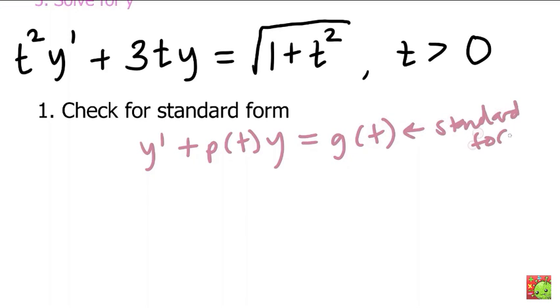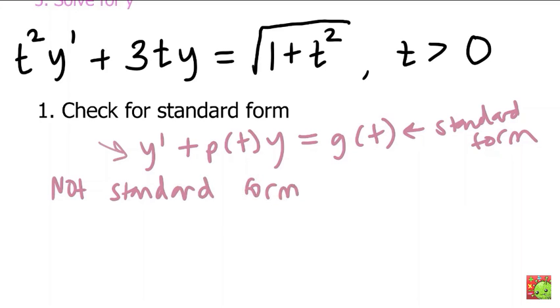We have to see if this whole thing is in this form, and we can clearly see that this right here is not in standard form. So we have to put it in standard form so we can do the next step in this problem.